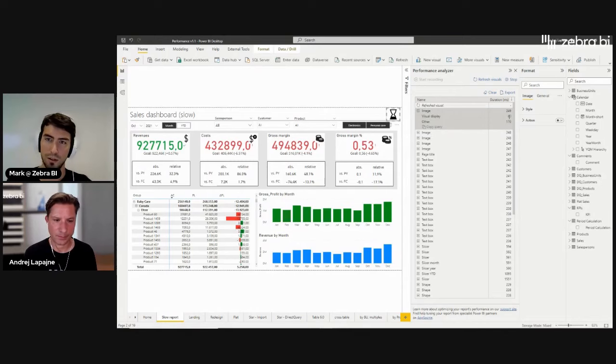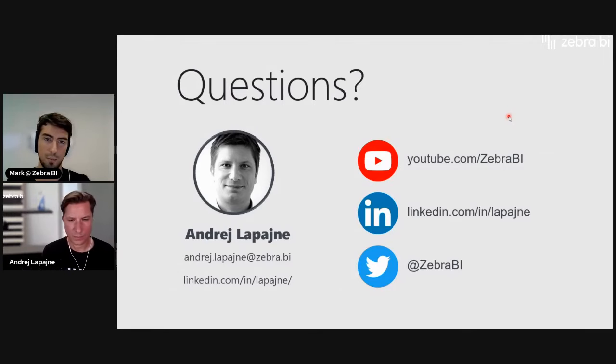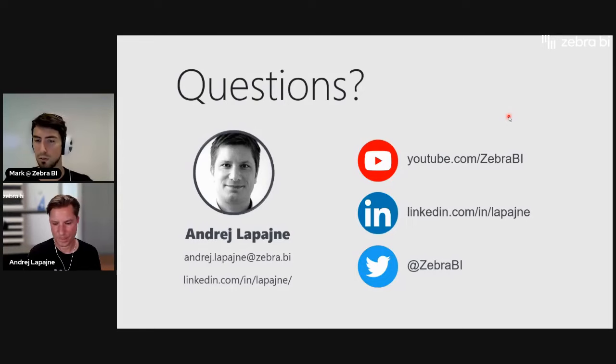We will also send out some recommendations or checklists for the performance after the webinar, where links like this will be included. There are other experts like Phil Seamark, Michael Kovalsky from the Microsoft team, also Daniel Otykier here, who is the author of the Tabular Editor application. But that's a great way to go.